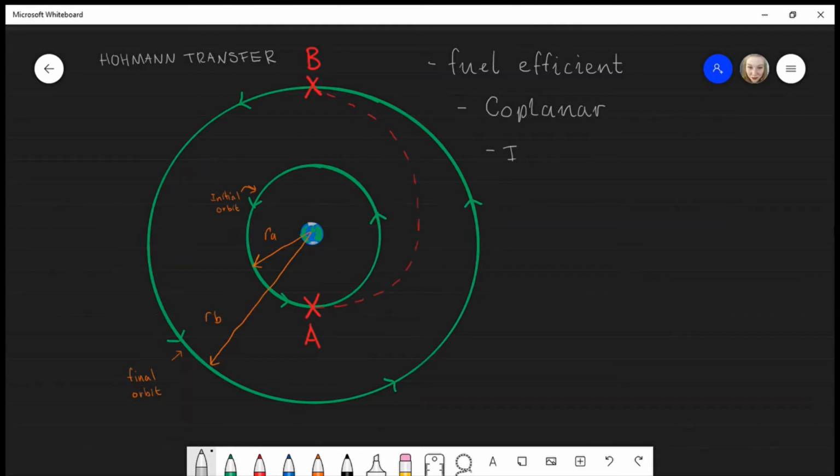The initial and final orbits are circular. Now, I mentioned previously that this is important, and it is for the maths. The Hohmann transfer goes from the initial to the final orbits via a transfer ellipse.